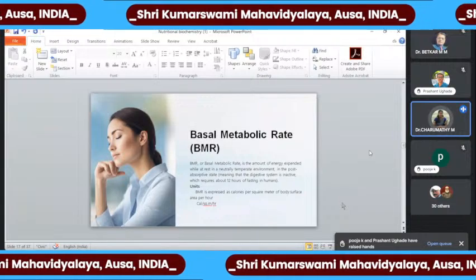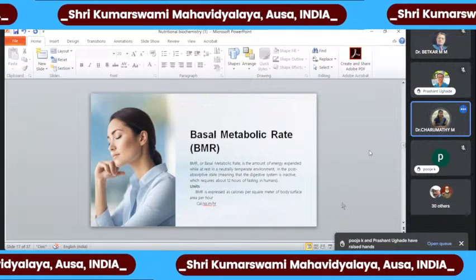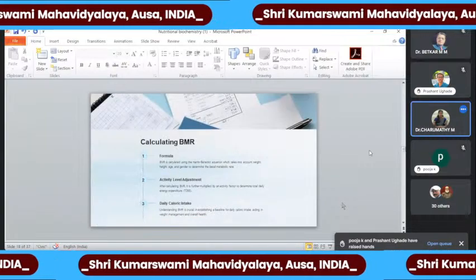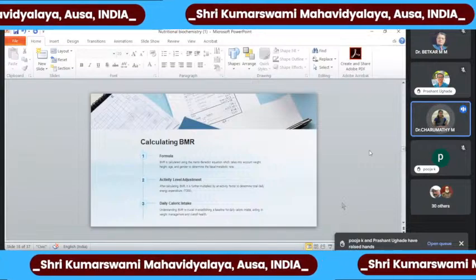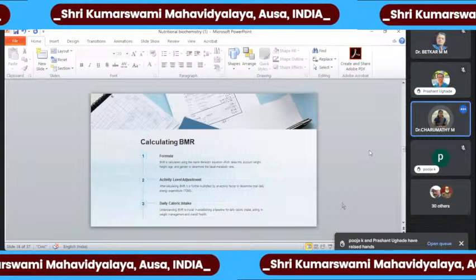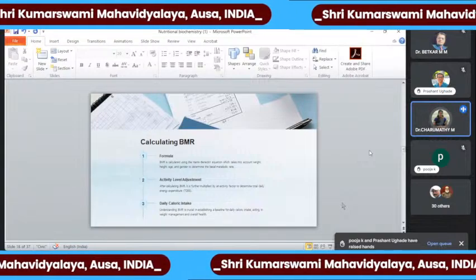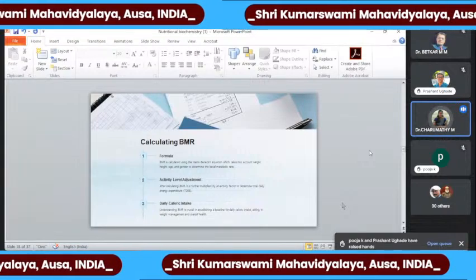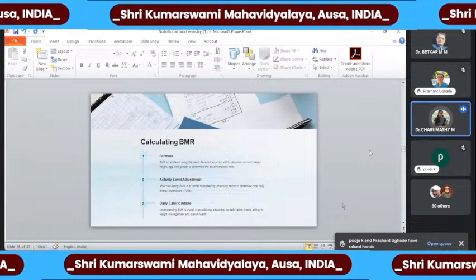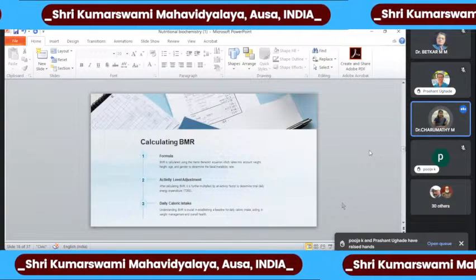So we calculate BMR by this formula, calories per square meter per hour, with activity level adjustment and daily caloric intake. How much calorie we take will be calculated.